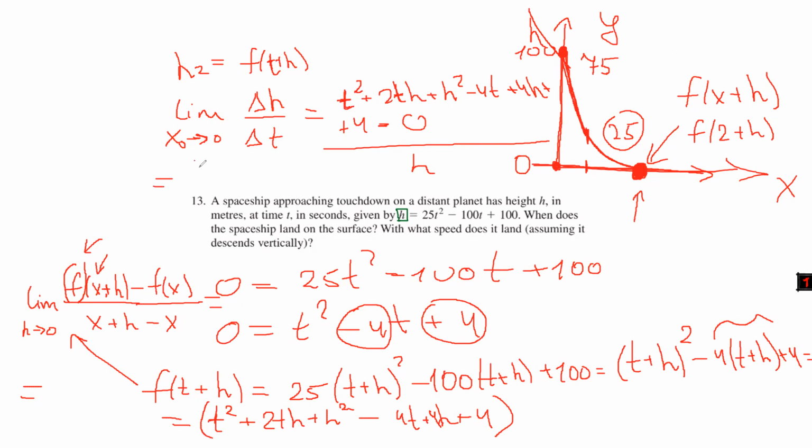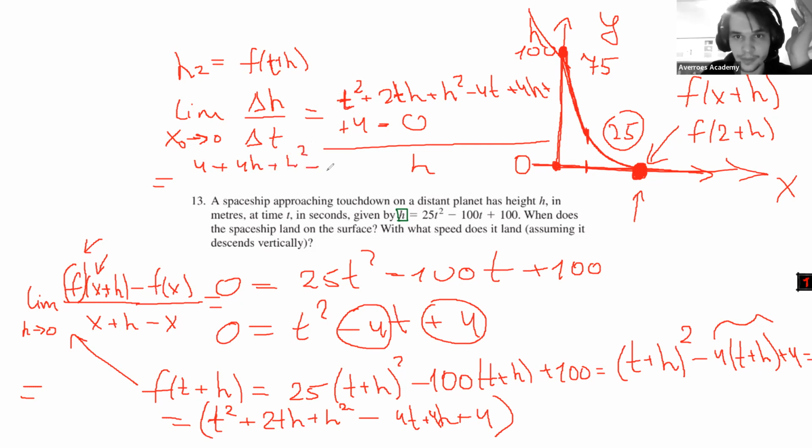T squared is equal to 4, so 4 plus 4h plus h squared minus 8 plus 4h plus 4, divided by h.